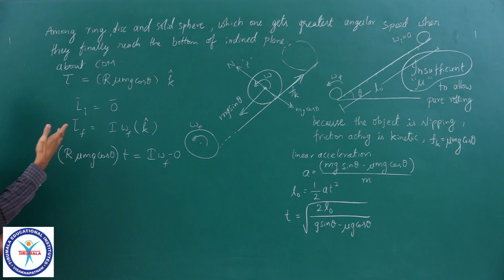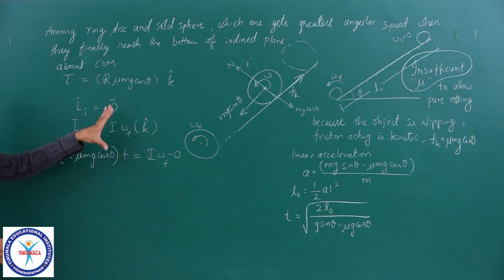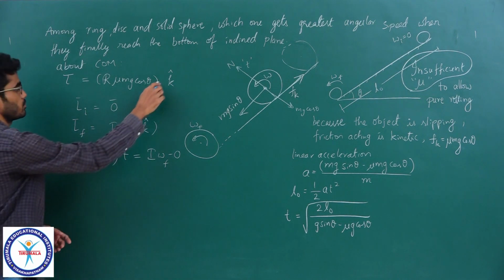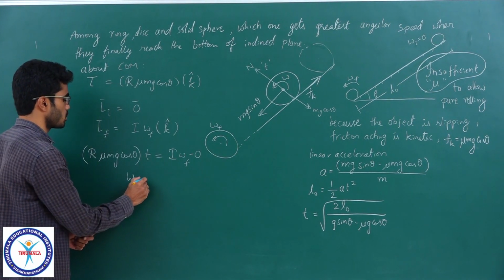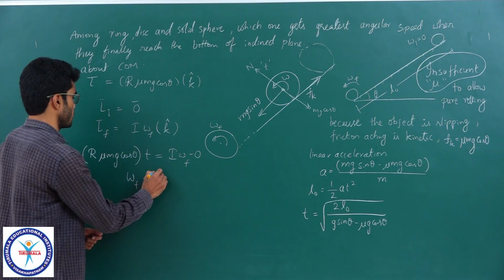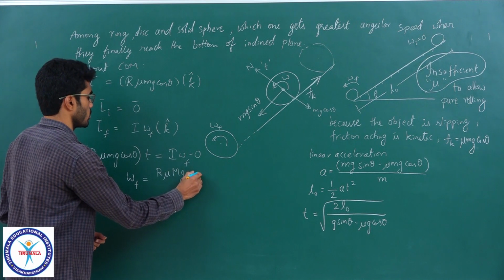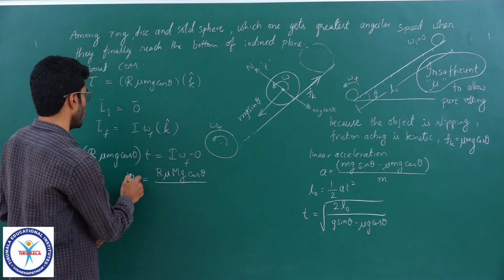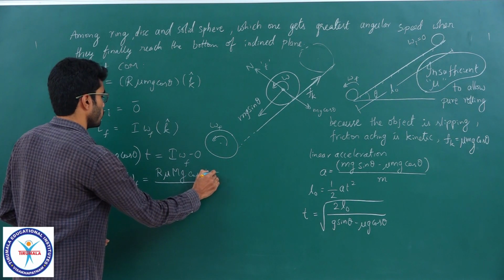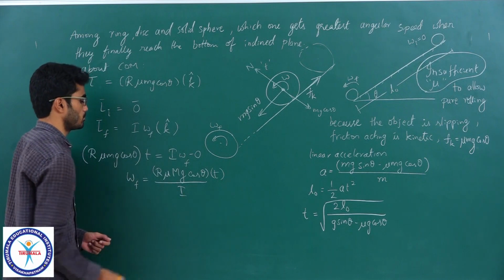I have calculated torque and angular momentums all in anti-clockwise sense, so I have eliminated the unit vectors. From this, the final angular speed is given by r mu m g cos theta into T by I.